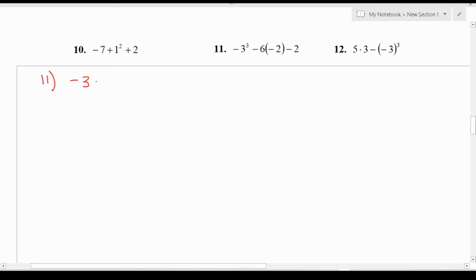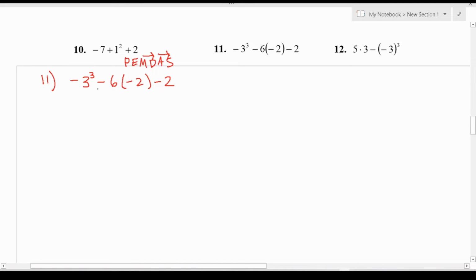This is negative 3 cubed minus 6 times negative 2 minus 2. And again, to start, I'm going to simply write down the order of operations because I know in doing so, I'll never get one of these wrong, which means I'm going to do parentheses first, exponents next, multiplication and division from left to right, addition and subtraction from left to right. Let's look what we have in this one.